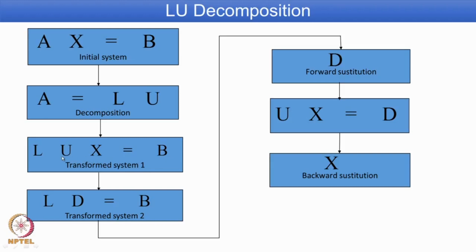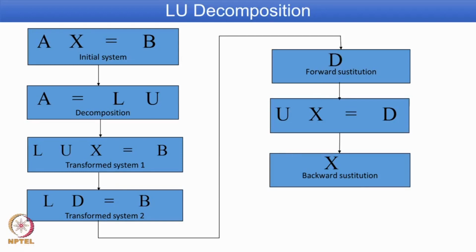In this we substitute Ux equal to d. So we write LUx equal to b as Ld equal to b. Now when we solve this equation we get d known, and that is by forward substitution.